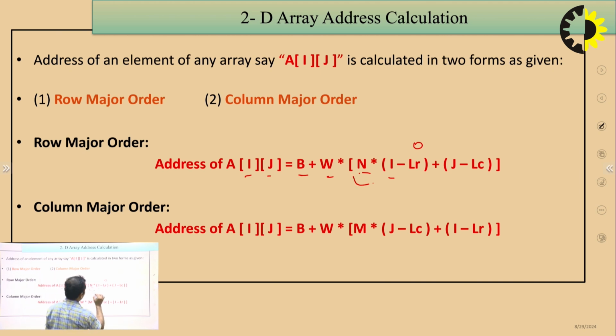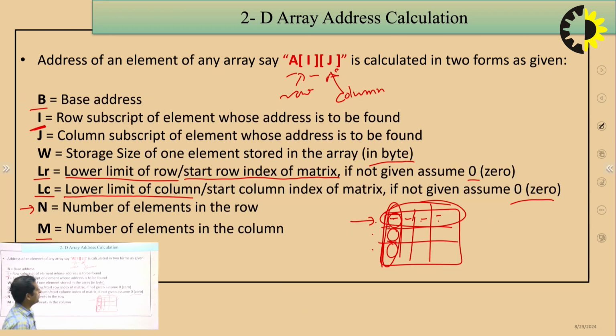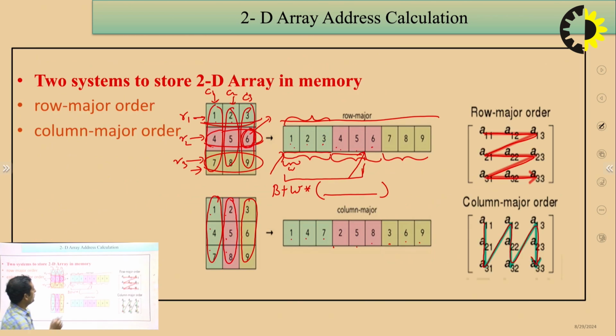Okay, this is the number of elements in the preceding rows. Now we have come to the position here, from here to there.